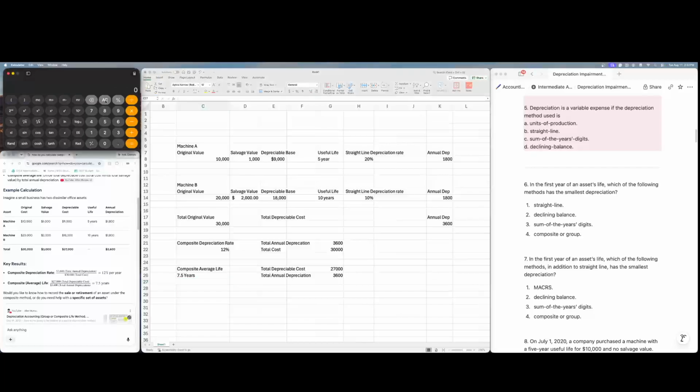So now that we have that, we can get the total average original value, 30,000. Well, you have to almost take the depreciable base.